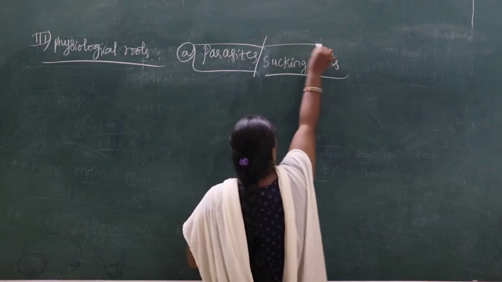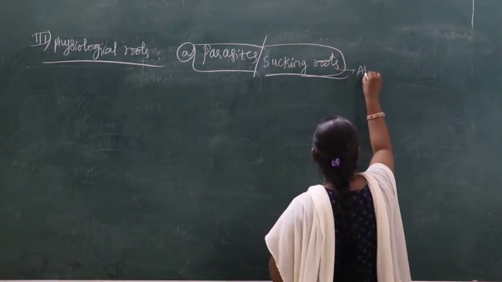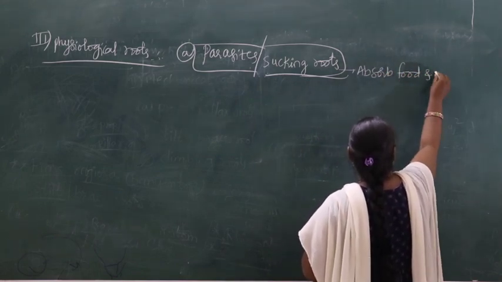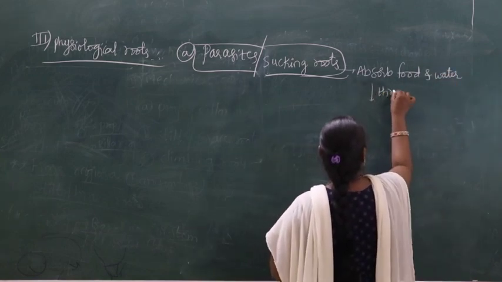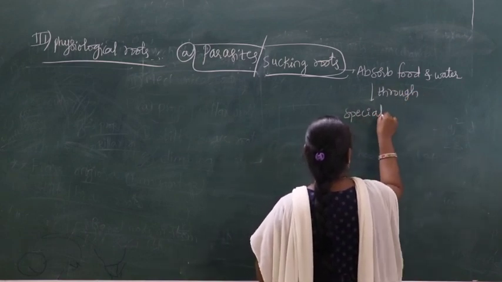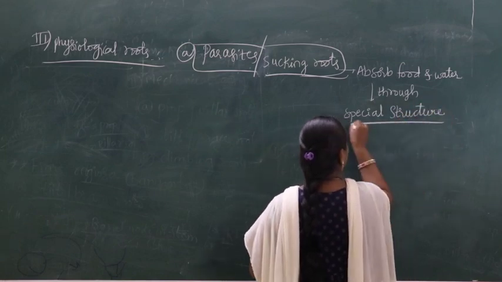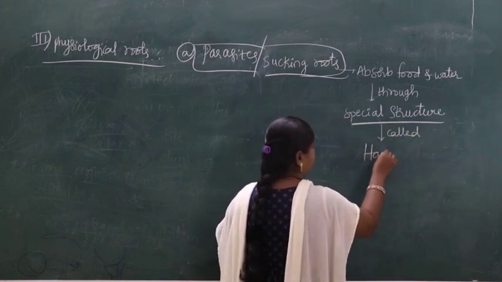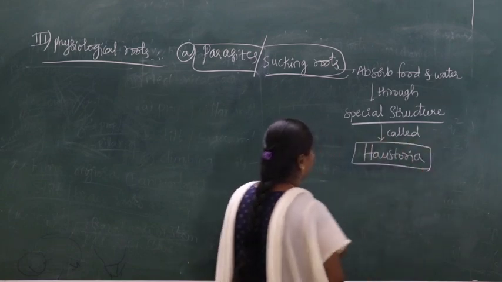Parasites, or sucking roots, absorb food and water through a special structure called haustoria.